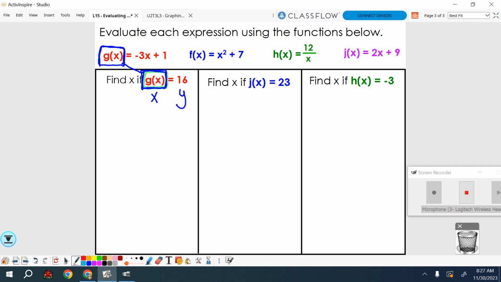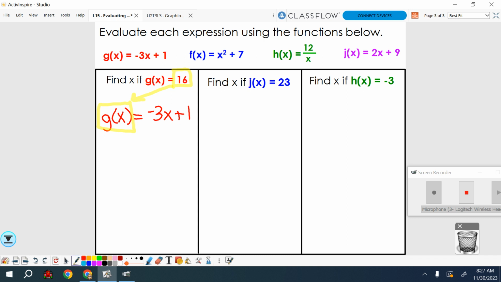Because in this problem, it says g of x equals negative 3x plus 1. Up here, I see that g of x equals 16, which means I can replace this g of x with 16.